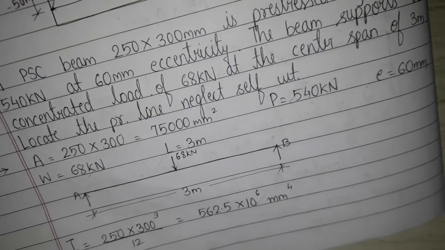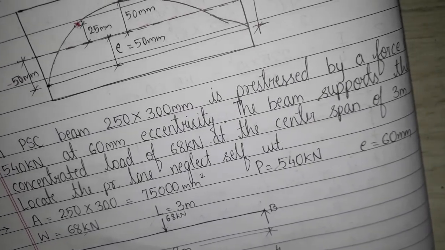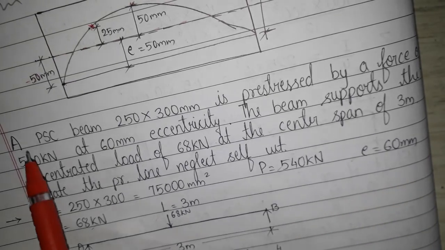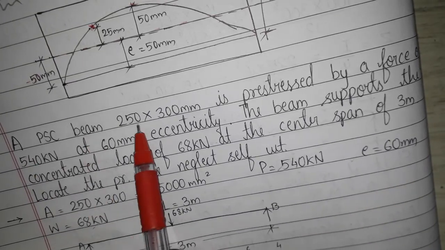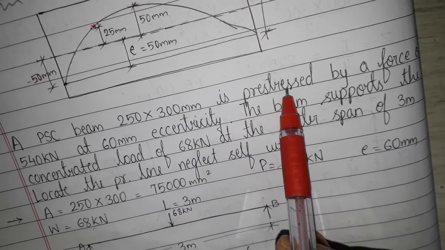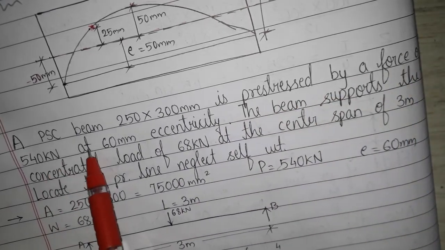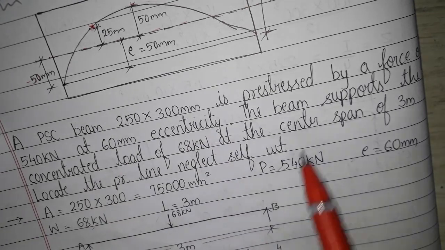Now next we will see one more problem, which is again a very small problem for your understanding. Okay, a PSC beam 250 by 300 mm is prestressed by a force of 540 kilonewton at 60 mm eccentricity.